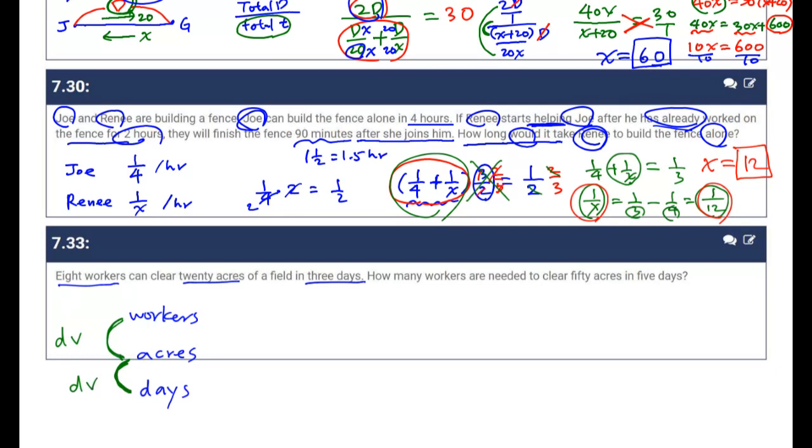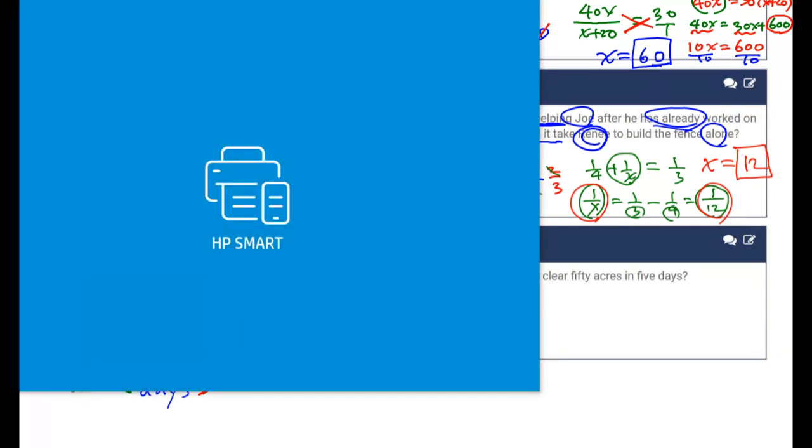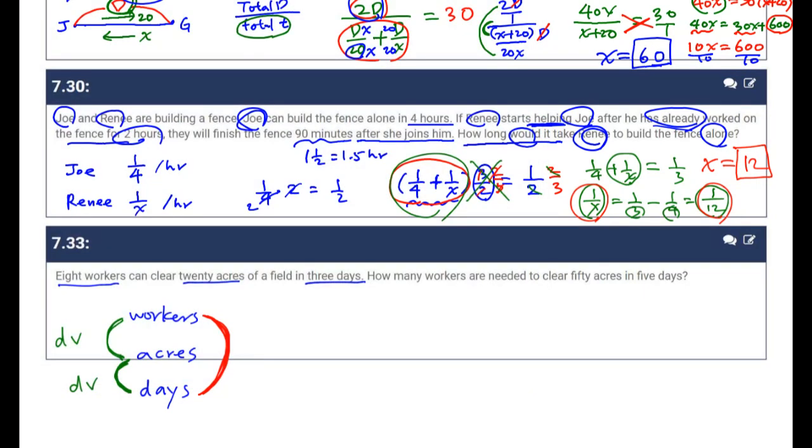But if they have more workers and need to clear the same acres, more workers can take less time, right? So more workers, less number of days. That's inverse variation right there. So this is another joint variation problem.